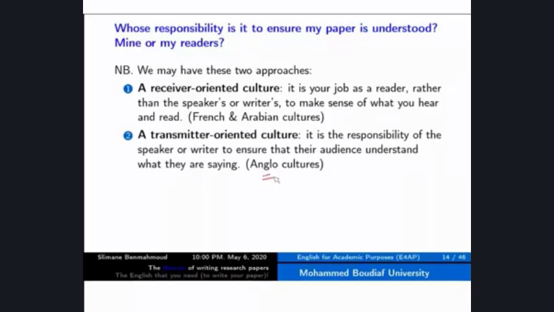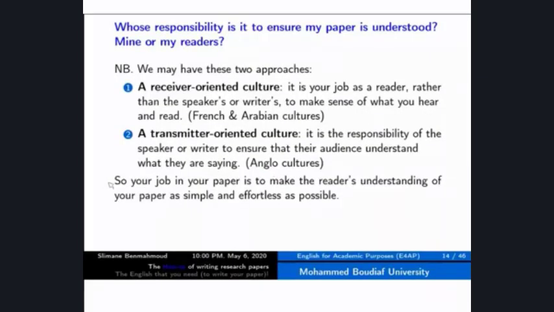He has to make sure that the audience can understand what he is writing or saying effortlessly, without any effort. So it's your job as the paper writer to make the readers understand what you are saying in your paper as simply, as easily and as effortlessly as possible.